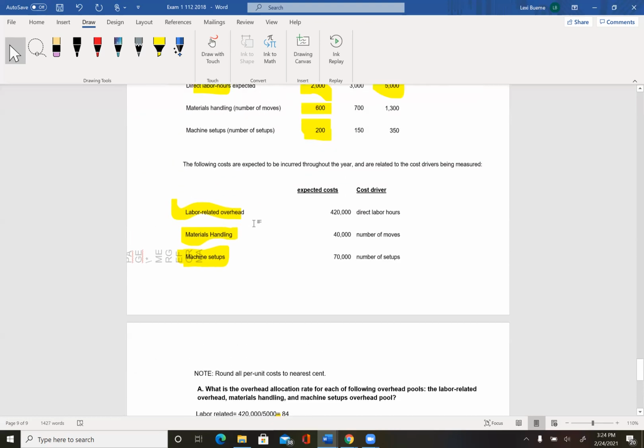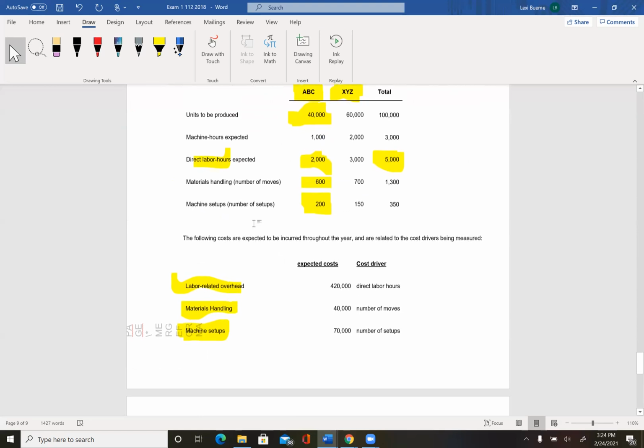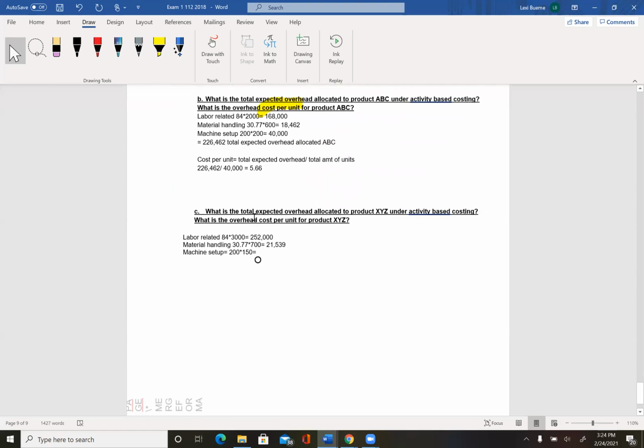And the 150 comes from right up here. And that is going to give you 30,000. Add those up. The total is going to be 303,539. That's going to be your total expected for XYZ.